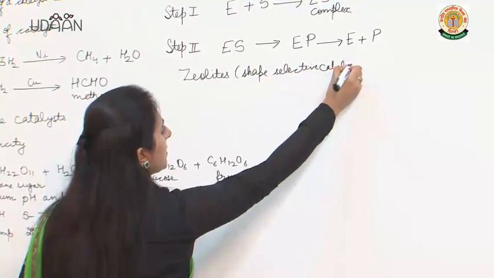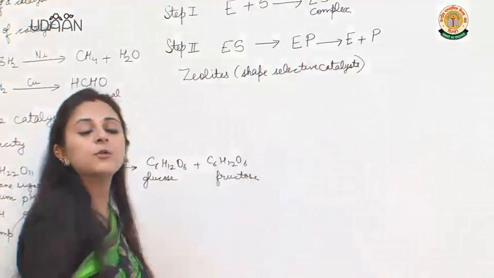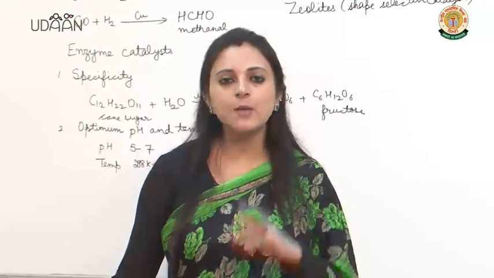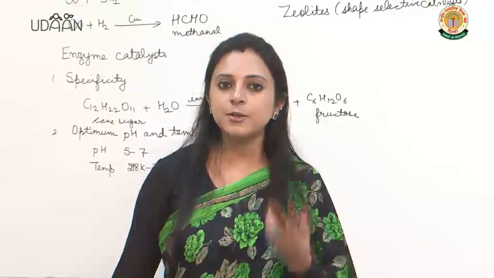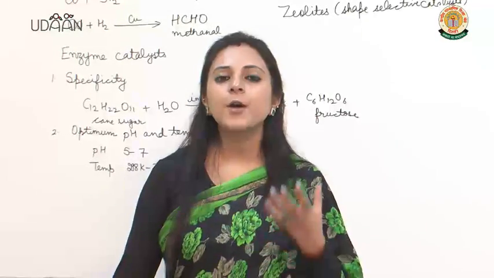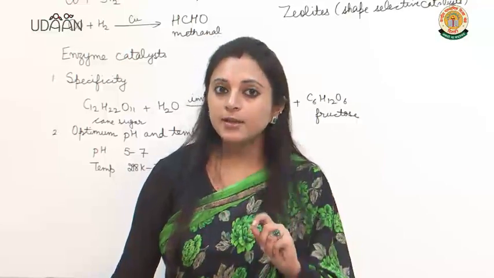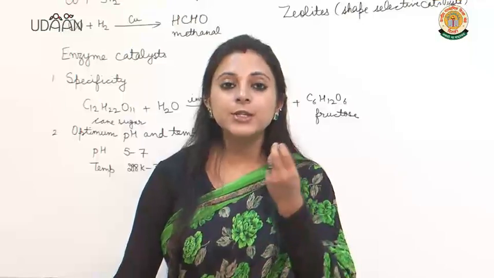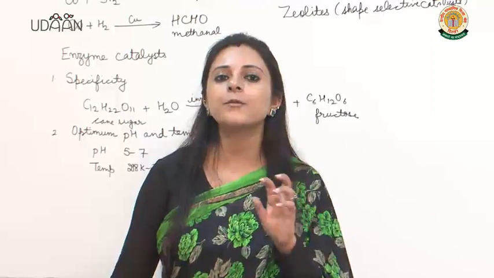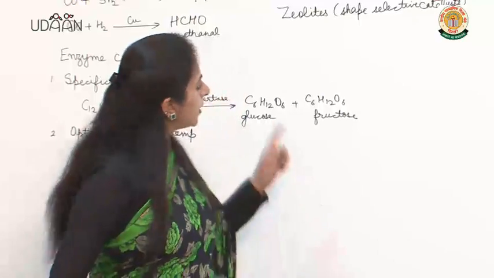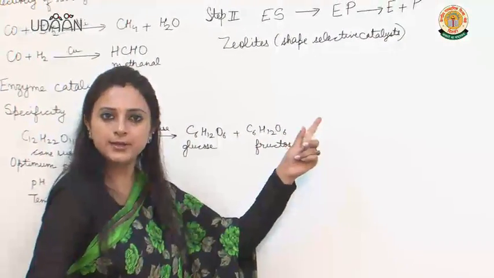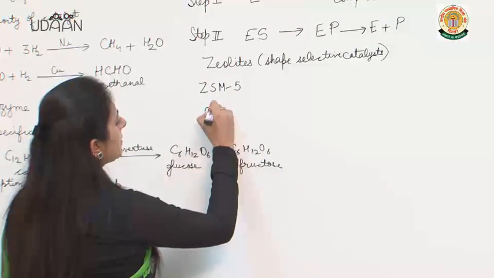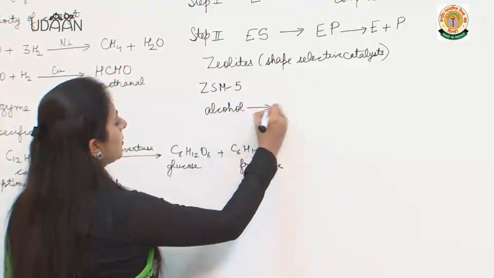Why do we call zeolites shape selective catalysts? Because zeolites are 3-dimensional aluminosilicates in which some of the silicon atoms have been replaced by aluminium atoms and they have pores and cavities, inside which only those reactant molecules can fit whose size is small enough to fit in the pore. So that is why they are known as shape selective catalysts. ZSM5 is an example of a zeolite which converts alcohol to gasoline.